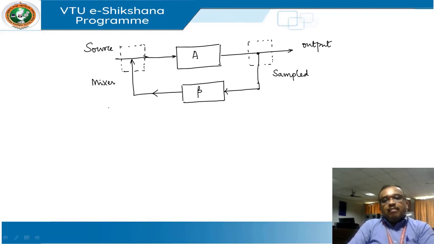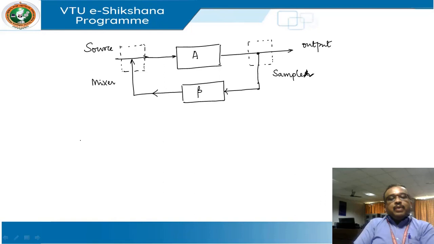We have arrived at two terminologies: one is called a sampler, the other a mixer. The sampler takes a part of the output and the feedback network feeds it back to the input side, and the mixer mixes it. In what way the sampling and mixing are done depends on what quantity we are interested in.